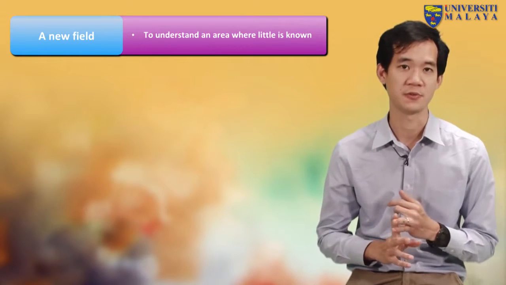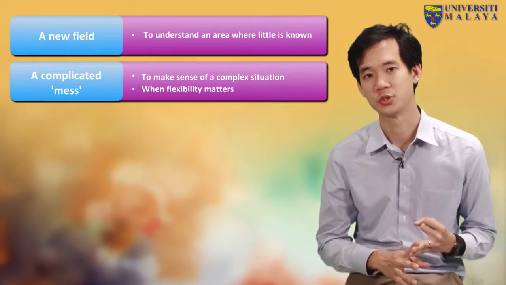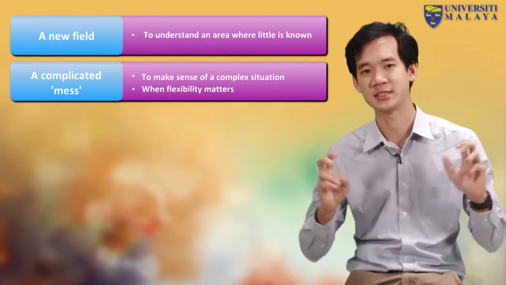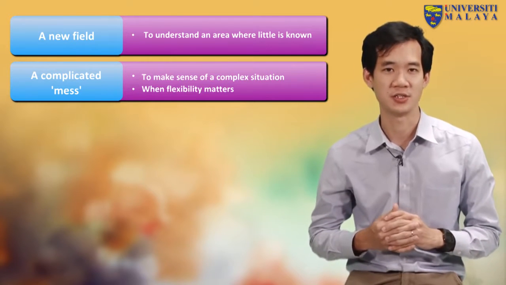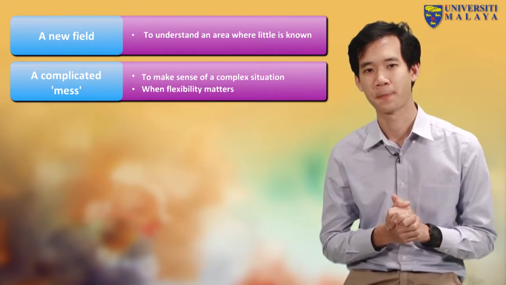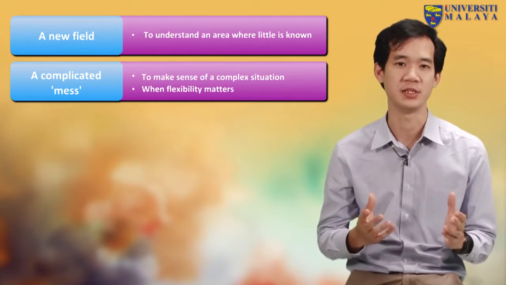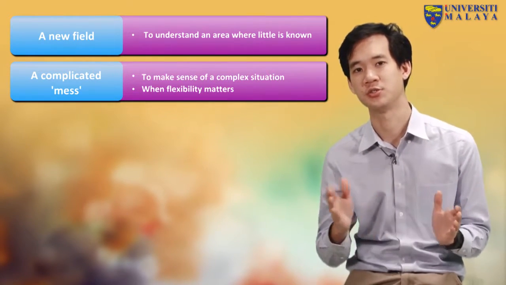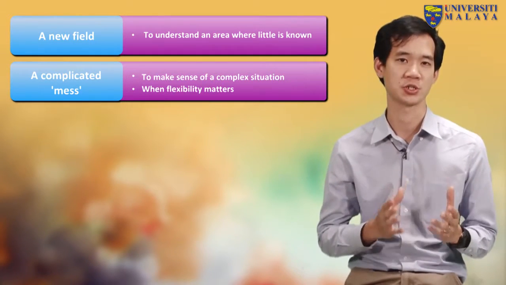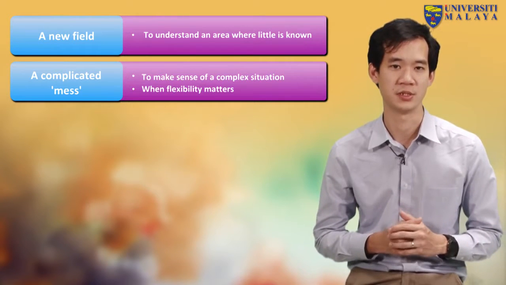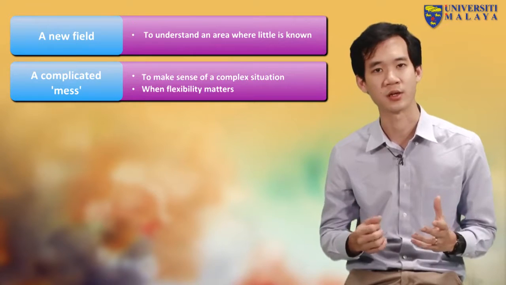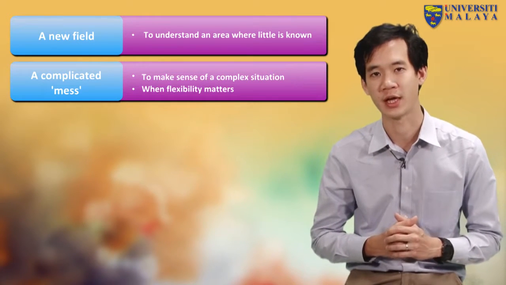The second reason for using a qualitative approach would be the context of the study being what we call very messy. This is where it's very difficult to conduct research in a controlled environment, and the researcher will need flexibility in adapting to changes or new findings as the research is being conducted in unstructured and complicated environments. Think of a messy hospital, a busy clinic. Would you be able to control for every single factor?